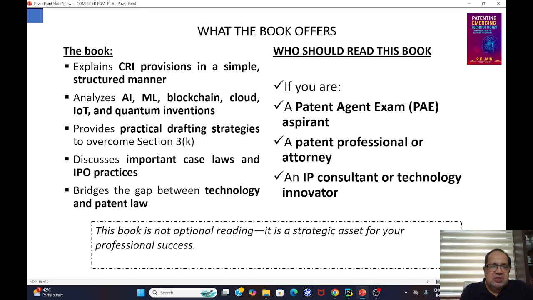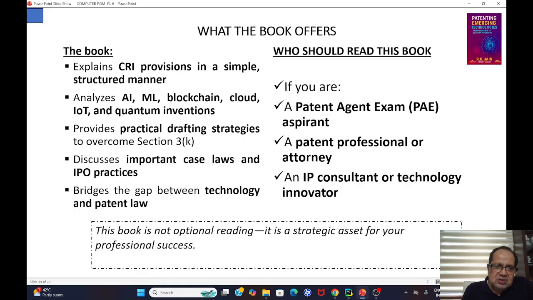This book further explains CRI provisions in a simple structured manner. It analyzes new era based inventions. It also provides practical drafting strategies to overcome section 3K.